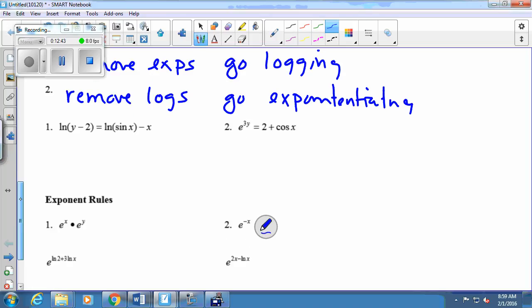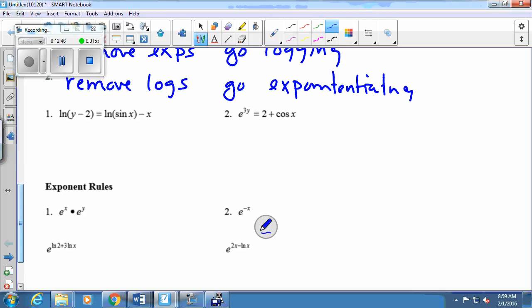So I have logs. I want to remove them. So what do I need to do? Go exponentiating, but I can't right now. Why? All right, so what could I do to kind of merge some things together so I can notice my eventual goal is to solve for y? What could I do? Can I get the logs on the same side?